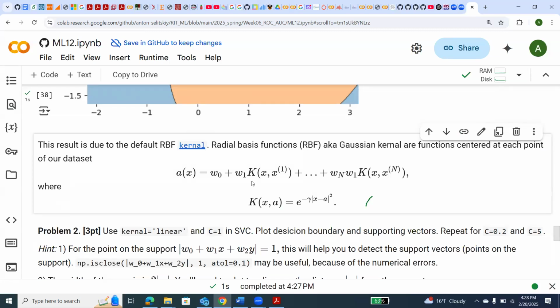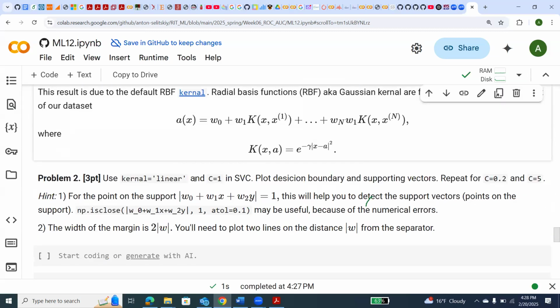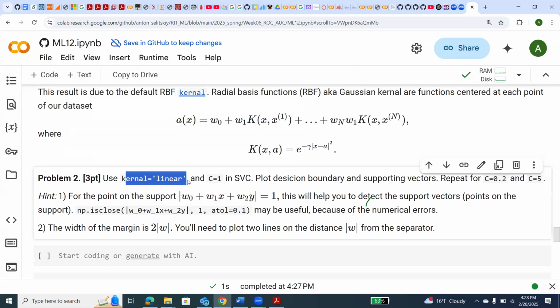And A is, for example, we have 10 points in our data set, so A is one of these points. So we create n features where A is one of the n points. By default. But problem two, let's use kernel linear to get the linear decision boundary.